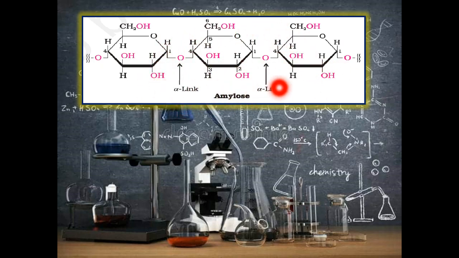So now this is the amylose structure. Very simple. You need to draw 2 to 3, or even 4. Here I have drawn 3; 4 also you can write. Then show the C1 C4 glycosidic linkage. So it will be the structure of the amylose component.